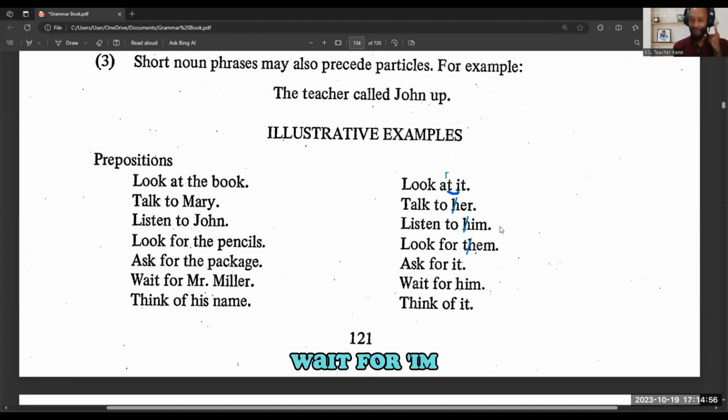Wait for him. Again, wait for him. Think of his name. Think of his name. Think of it. Think of it.